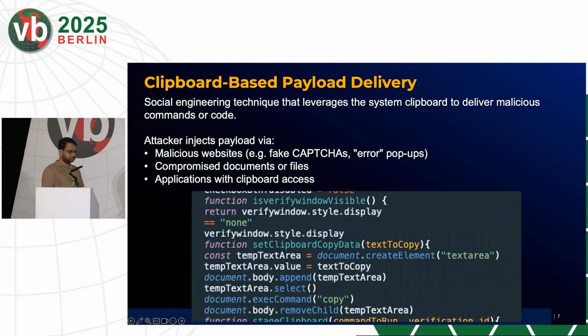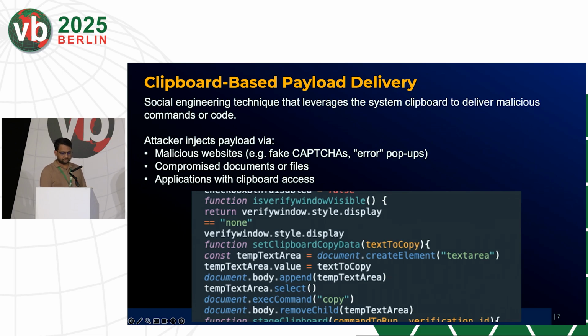The code is used to programmatically set the clipboard contents, using the text data, selecting the content, and then executing the copy command. When users interact with these pages, they may unknowingly copy and later paste, and so they fall for the malicious command.